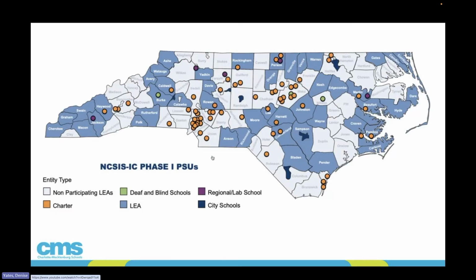So any district or county you see in blue here is currently already using Infinite Campus this school year. Thankfully, we are part of phase 2, and those schools are in white. And so we are getting to learn from the phase 1 schools what worked, what we need to do to support our teachers, our school staff, our parents, and students as we transition from using PowerSchool to Infinite Campus.